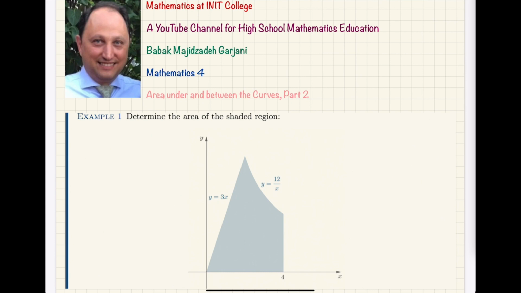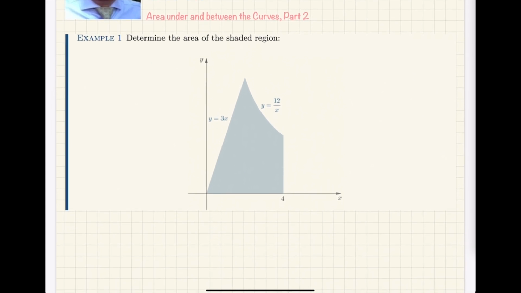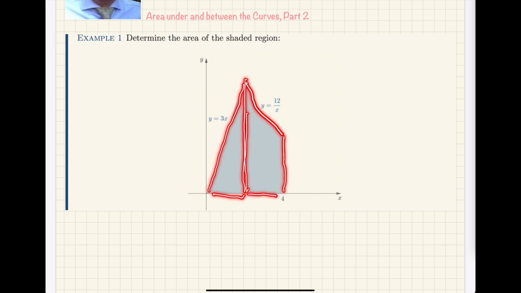So what we should do here, first of all, this is not the area between the x-axis and one particular curve, yes? Because you see that the area that I want to calculate is one part of it between this line and the x-axis, and the other part of it is between this curve and these two vertical lines and the x-axis.